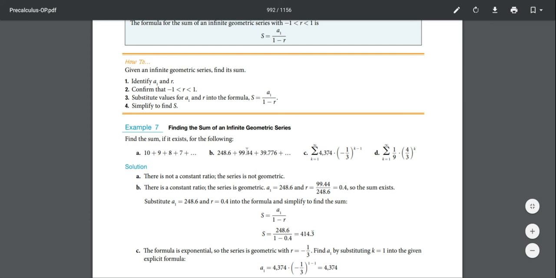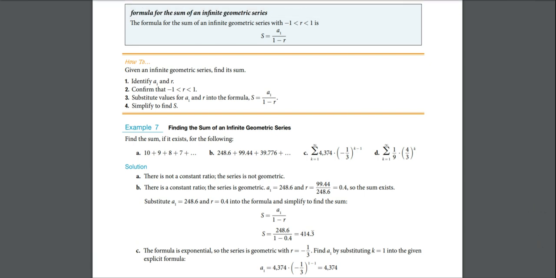For this one, we can find an r. This is in fact geometric. r is 0.4. And so I could plug that in. I plug in the first term, plug in r, and this would be my sum.